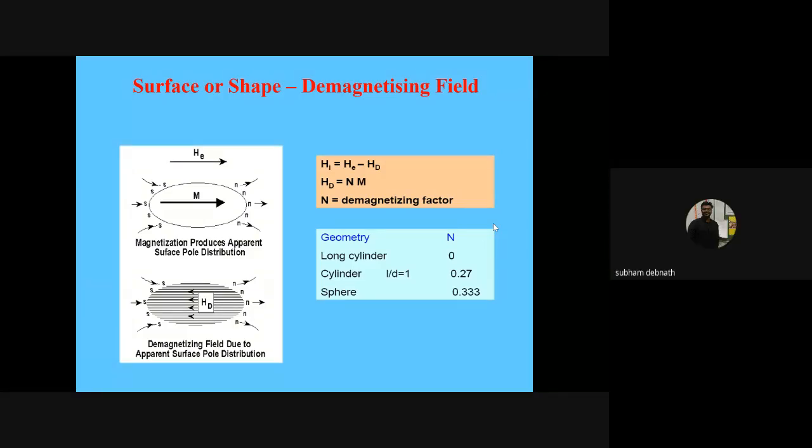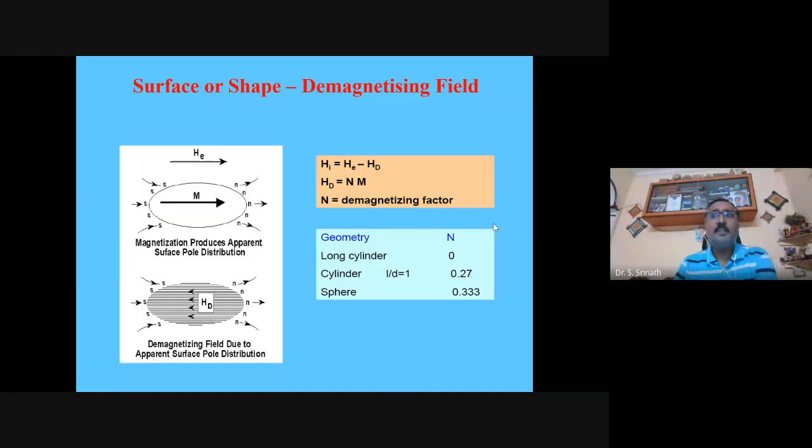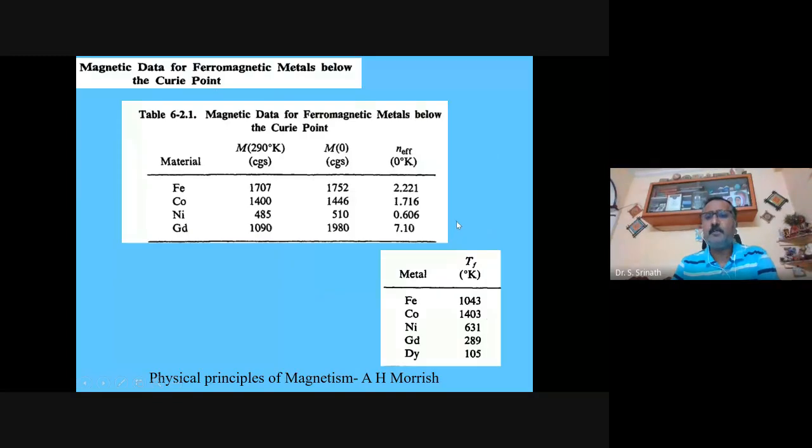Because I have not introduced you to domains, I am comfortable assuming that there is a single domain, and the spins are all oriented because of the exchange interaction, like an external field, so you don't need to actually apply an external field. Intrinsically, a ferromagnetic sample below this temperature, below 1043, any temperature, it can be room temperature, it can be 400 Kelvin, it can be 500 Kelvin, it will have some magnetization.